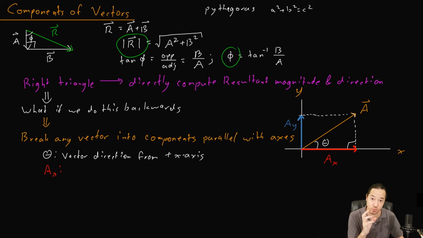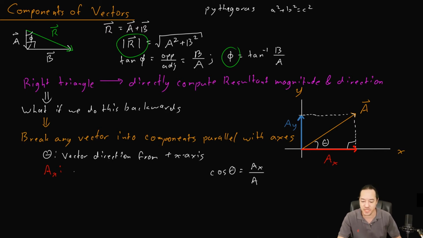And so we have an angle we define as theta, and we know that in this case, A sub x is the adjacent side, and this side, the hypotenuse, is magnitude A. So we can say that the cosine of theta is equal to the adjacent over the hypotenuse. Just like that. And so if we want to solve for A sub x, A sub x is then going to be A cosine theta. Voila, we have the magnitude of A sub x here.